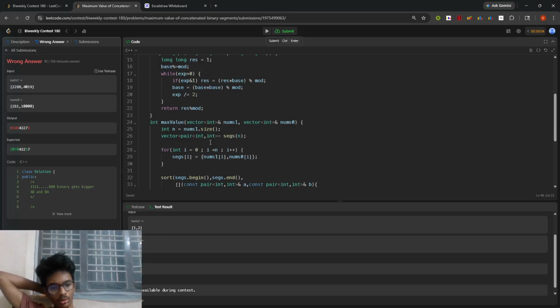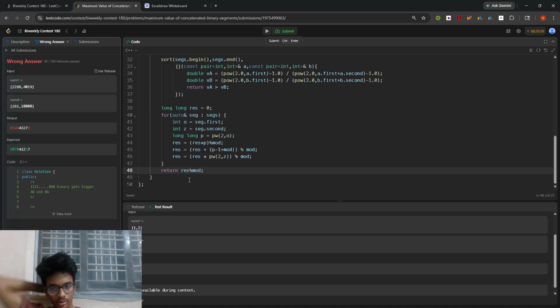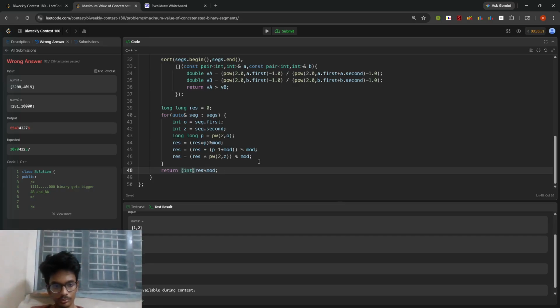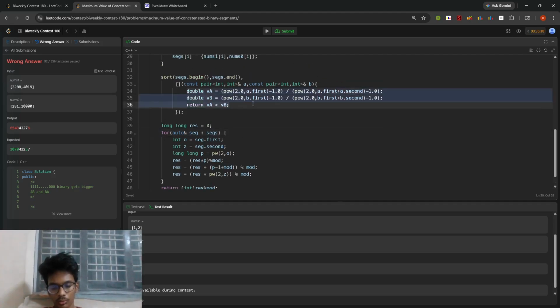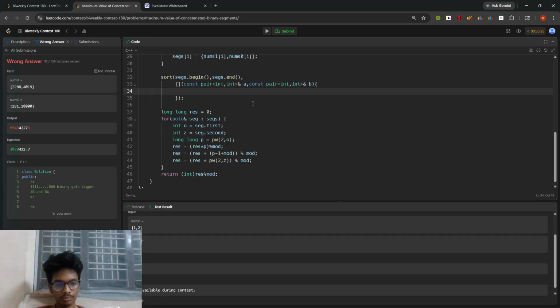Should we use some sort of unordered map for this? Can we do that? Instead of storing it in a double, I guess it would be better if we store it in some sort of data structure like an unordered map to avoid the floating point exception.